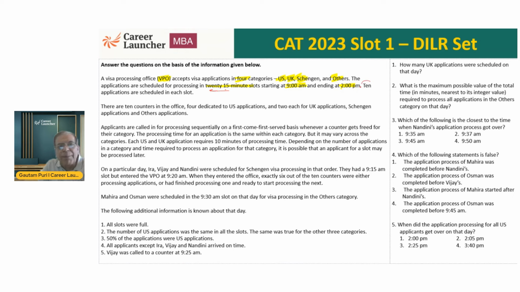Okay. 10 applications are scheduled in each slot, which implies 20 slots, 10 applications per slot, total 200 applicants. So this is something I'm sure we can understand as we go along. Okay. There are 10 visa processing counters in the office, 4 dedicated to US applications, and 2 each for UK, Schengen, and others.